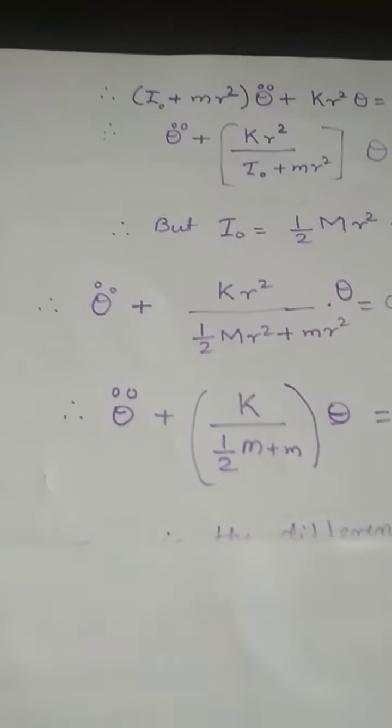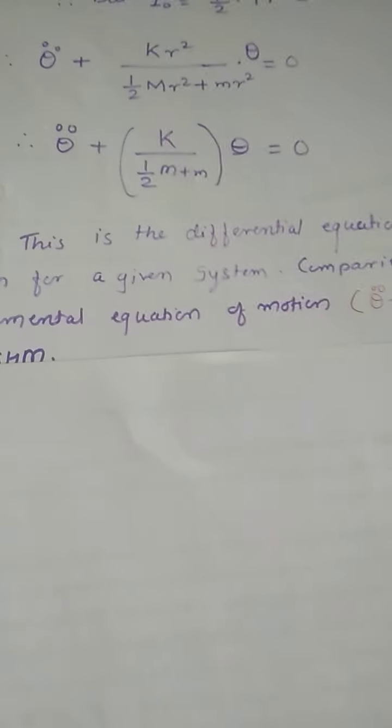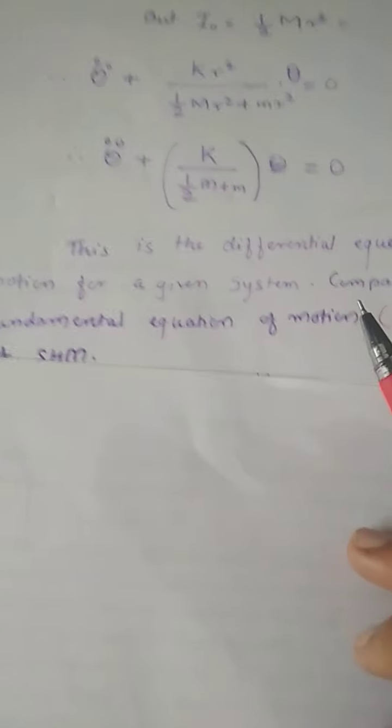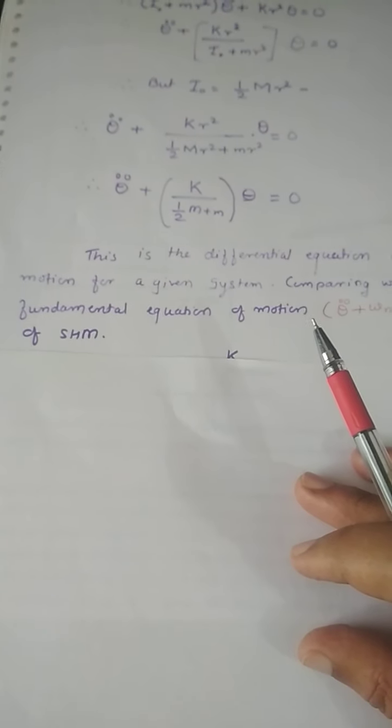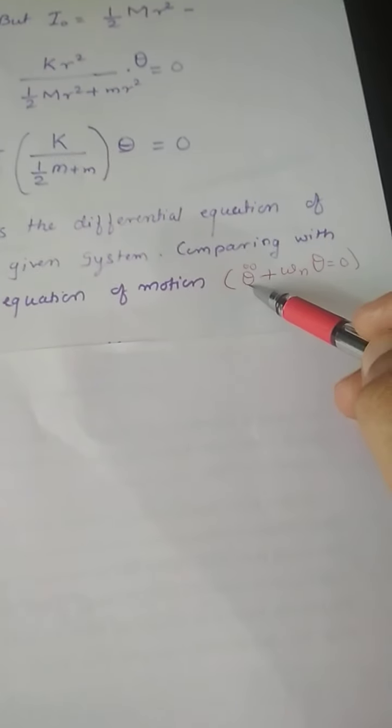We will compare this differential equation with the fundamental equation of motion. For angular motion, the fundamental equation of motion is theta double dot plus omega n square into theta is equal to 0.